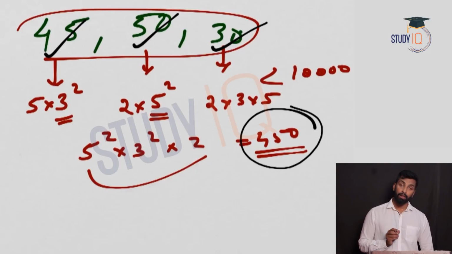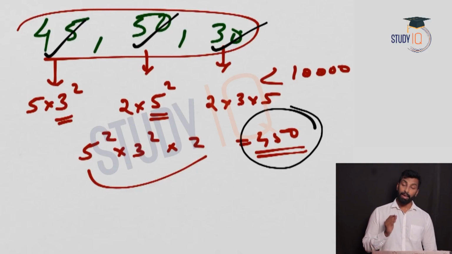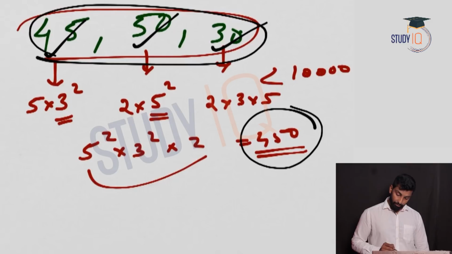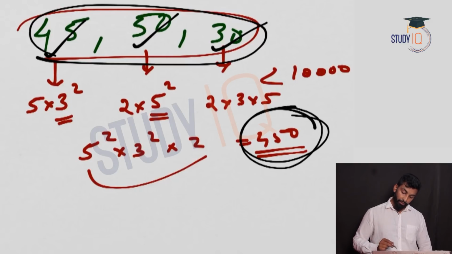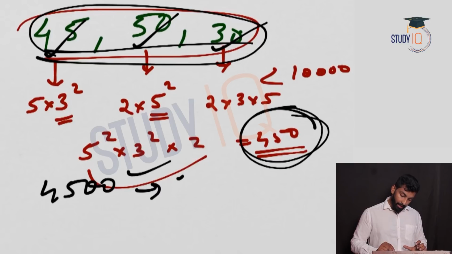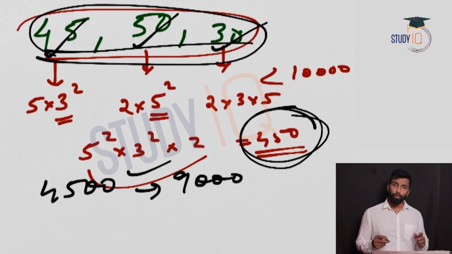But what we need to find out is the highest 4-digit number which is divisible by all three, the greatest multiple of all three among the 4-digit numbers. So how will you find it? 450 is there, so 4500 will also be a multiple of all three, since you're just multiplying by 10. If 4500 is there, 9000 will also be there, multiplying by 20.